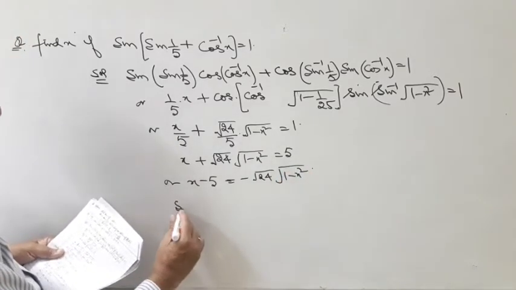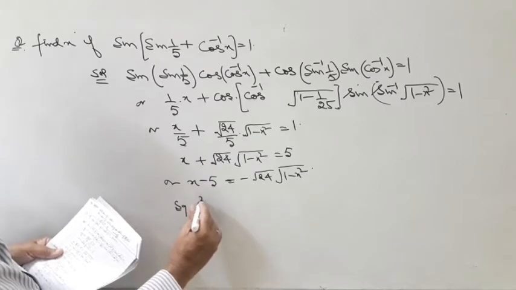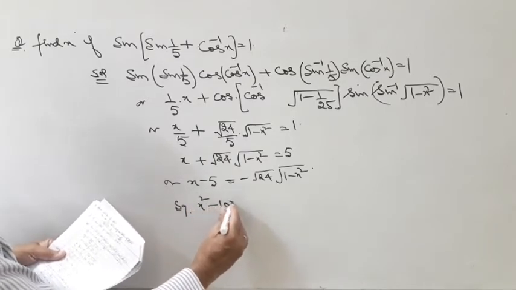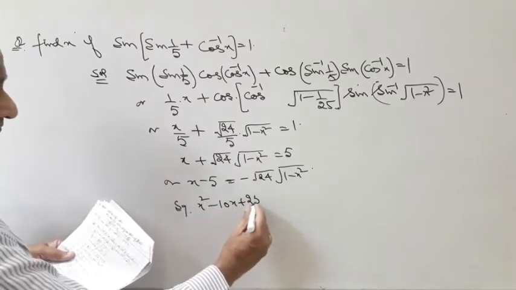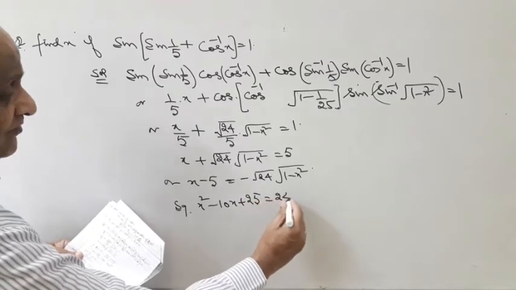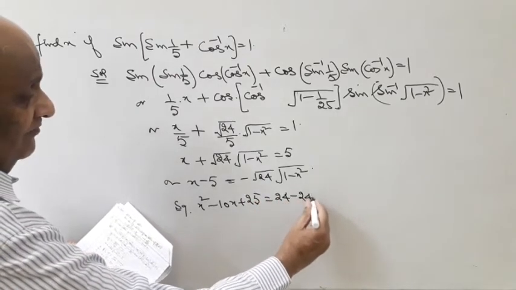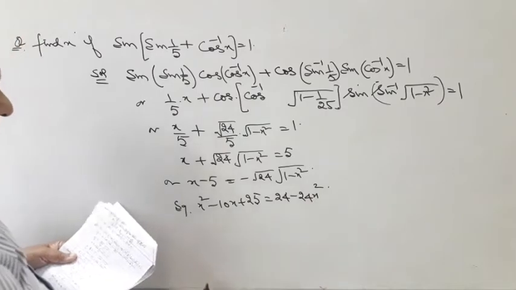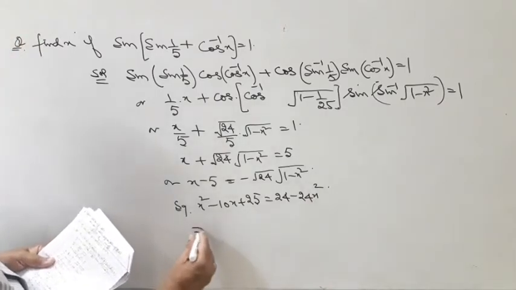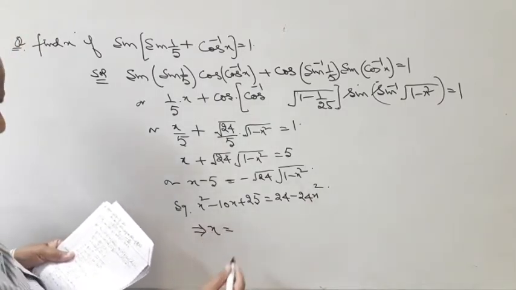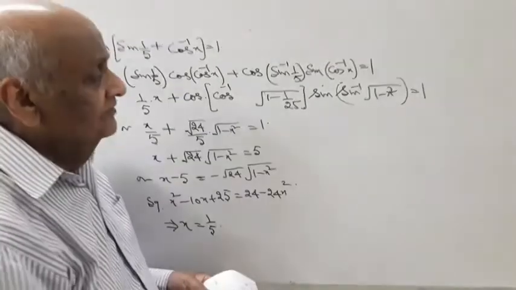Squaring, we get x square minus 10x plus 25 is equal to 24 minus 24 x square. Solve it as a quadratic. This implies x is equal to 1 upon 5.